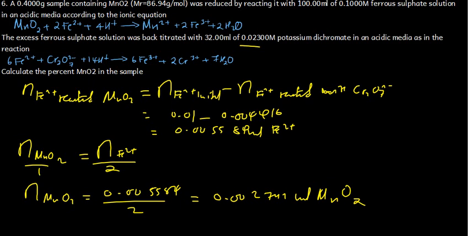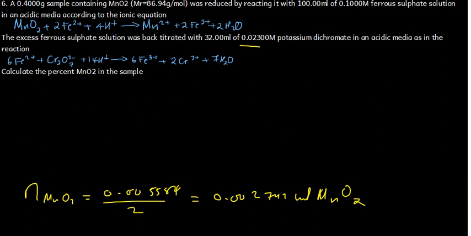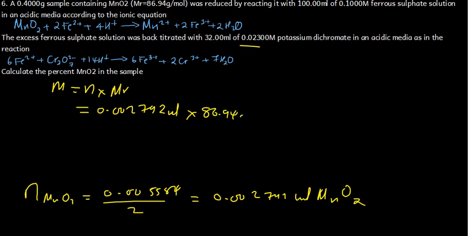Now let's convert these moles to mass. So mass, we know, is given by number of moles times the molar mass, and the number of moles we found as 0.002792 moles. And then the molar mass for manganese oxide already given there as 86.94 grams per mole.